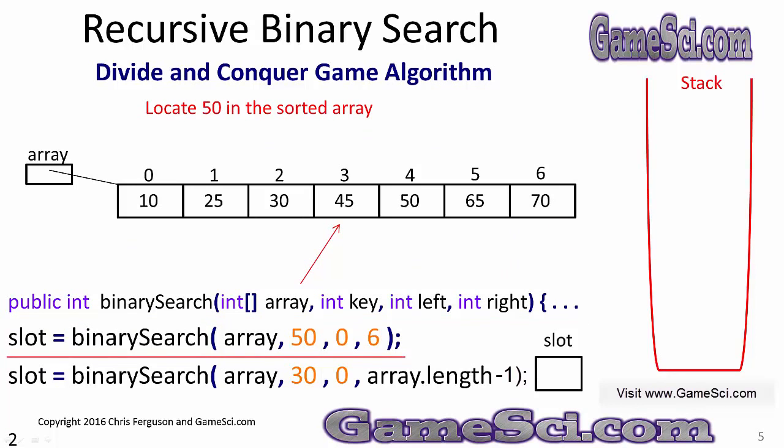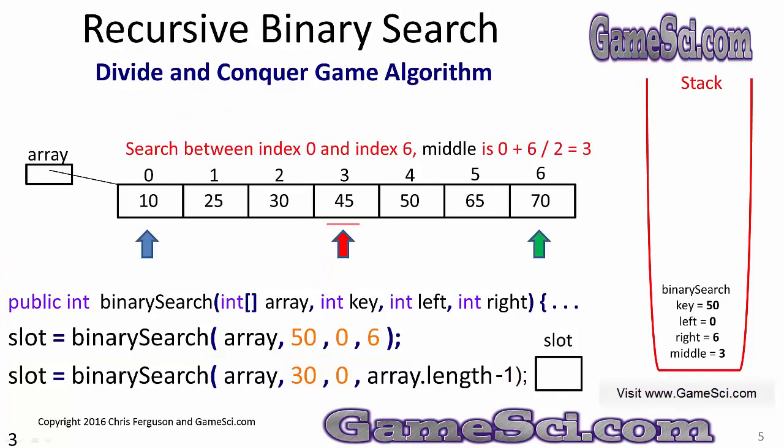Now we're not going to look at the code for binary search. We're going to look at how binary search works. It's critical when you're learning to program that you understand how things work, not just memorize code. So we're going to call binary search and pass it 50 as the key, which simply says I want to find 50 amongst the data of my array. Binary search is going to search between 0 and 6, our original parameters.